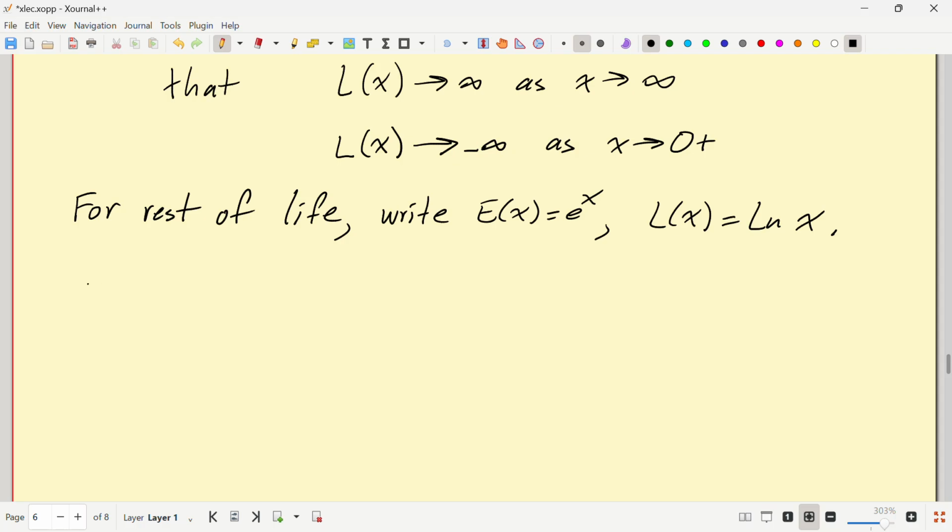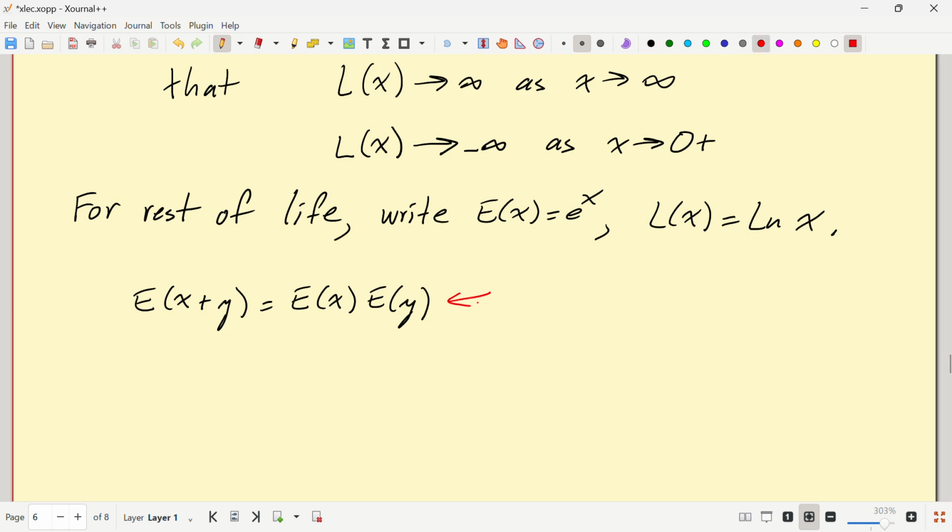Let's see, what do the basic facts show? Oh, by the way, this famous thing, e of x plus y equals e of x times e of y.